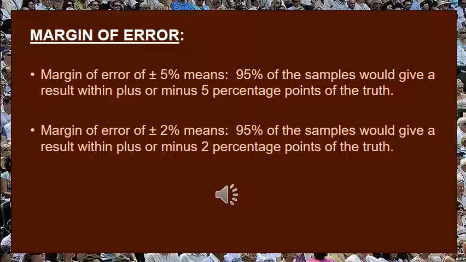A margin of error of plus or minus 2% means that if I take 100 random samples in my population, 95 of them would give me a result, a statistic, within plus or minus 2 percentage points of the truth, of the parameter. Oh, we prefer that. We want a small margin of error because it's a good estimation of the parameter.